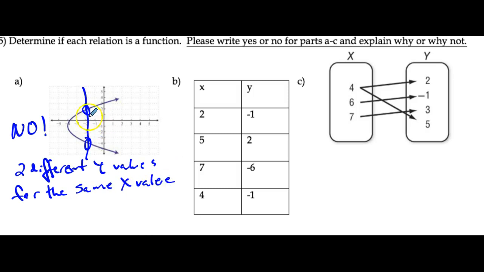Because we look here at -2, it crosses at, it looks like, +2 and at -4. So that's no go. No bueno if you're looking for a function.